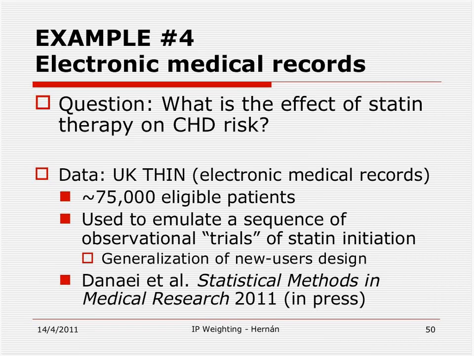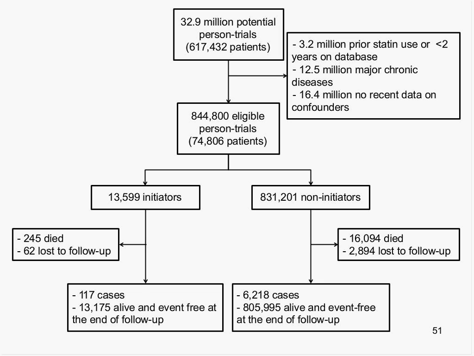So to extract all the information in the data set, rather than only using IP weighting, what we do is to try to create a sequence of randomized trials of statin therapy initiation over the entire follow-up, and then use IP weighting. By doing this, we are really treating the observational data as a randomized trial, except for the fact that it's not randomized, of course.